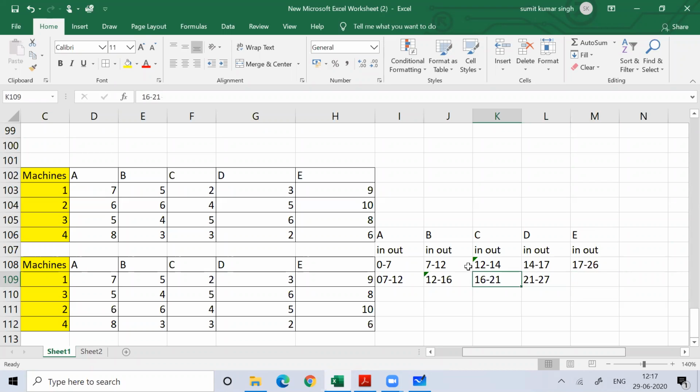16 plus 5, so 27. This would be 27. 27 plus 8, 35.